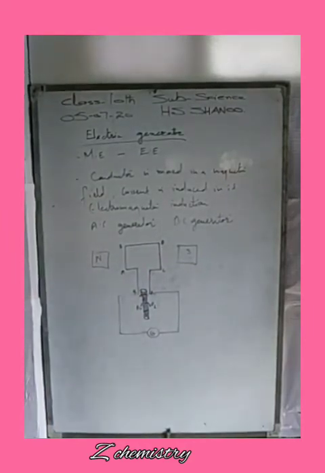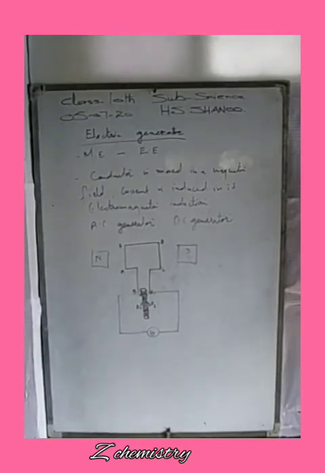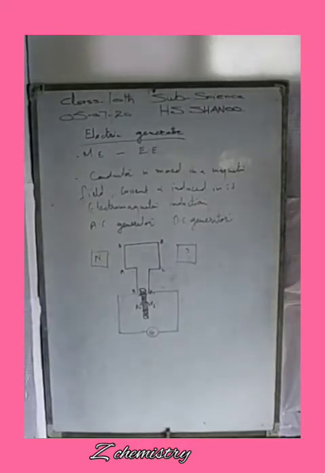This coil is connected to two rings R1 and R2, and these rings are separated from each other, with two brushes, B1 and B2.